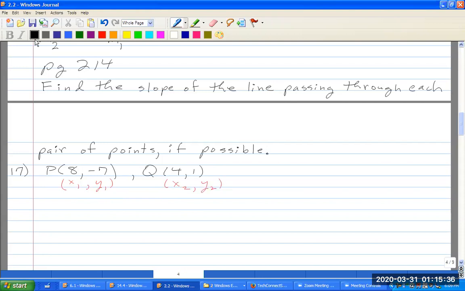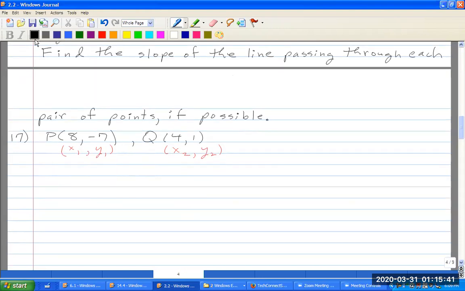Then the slope of a line, from what we said earlier, is just equal to the change in y over the change in x, rise over run, delta y over delta x, y2 minus y1 over x2 minus x1.